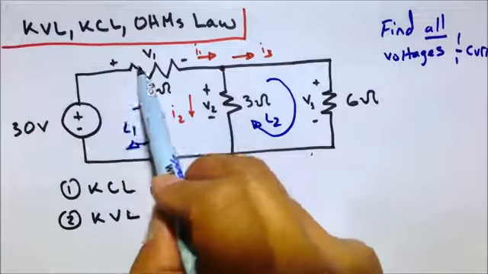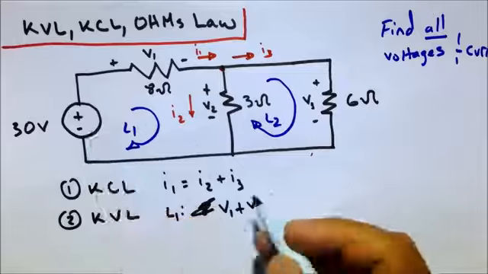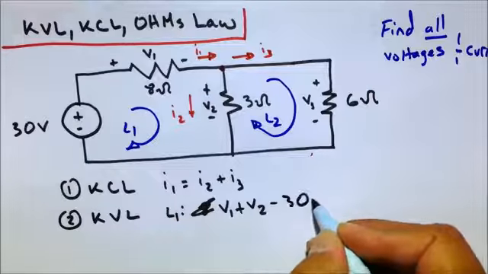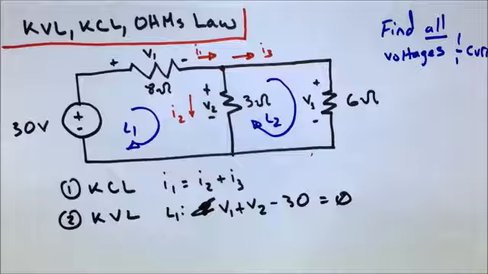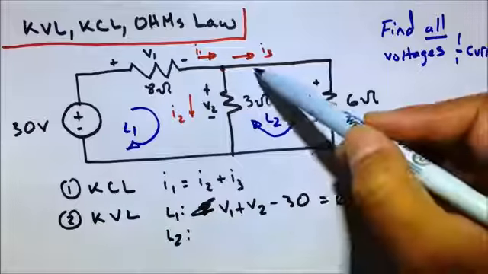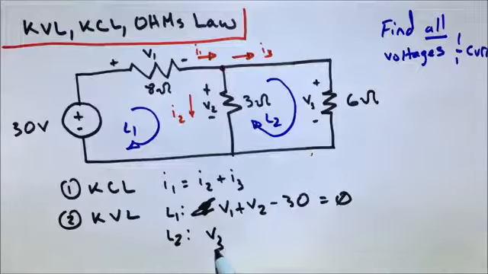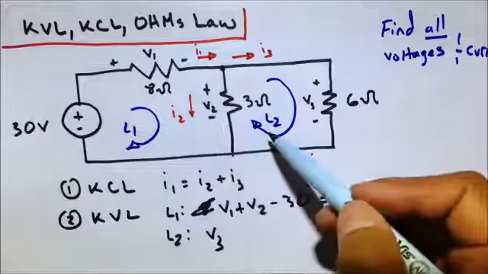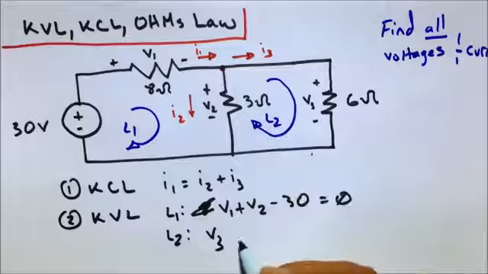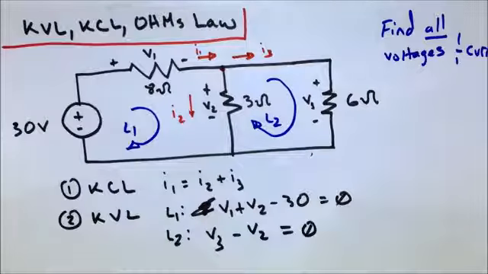Remember, positive to minus, and then minus to positive, so that means you have to subtract that 30 volts. And we know that equals 0. How about the second loop? Well, let's take a look at the loop as we go around this way. Positive or minus? So V3. Positive, no, not positive, minus. We labeled it minus to positive, so we're going to have to minus V2 equals 0.